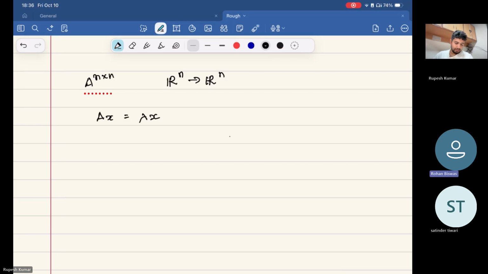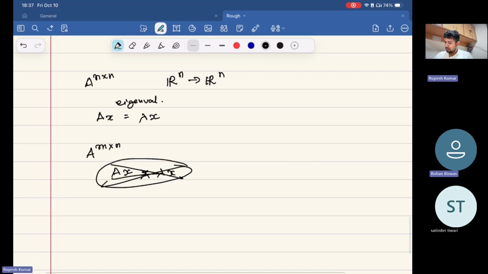But when I'm considering the general case, that is, A being an m by n matrix, what kind of vectors are we trying to find? Basically, using SVD, we are trying to see some kind of operation. Earlier, we can never do this, because Rn to Rn is not happening, Rm is happening, right?